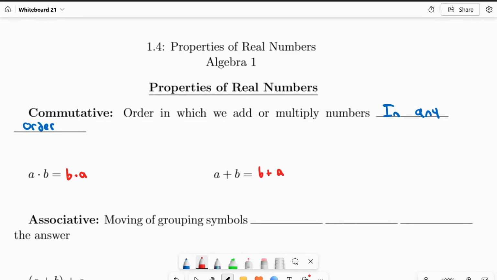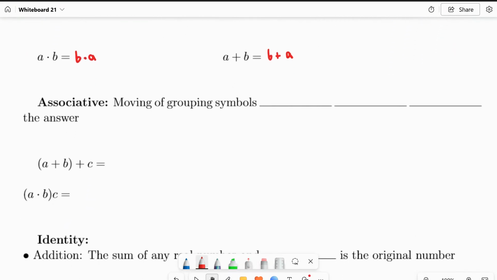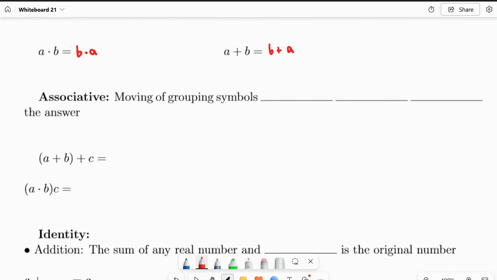The second property we're looking at is the associative property. The associative property says that the moving of grouping symbols does not affect your answer. This is only with addition and multiplication once again.